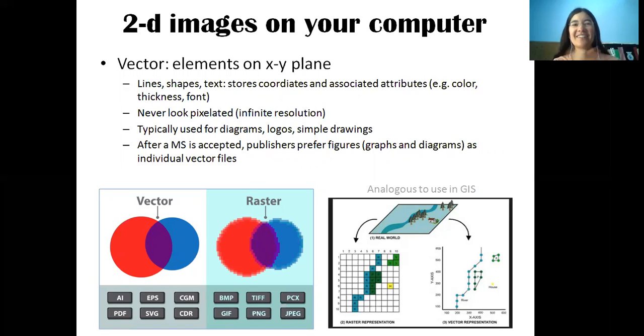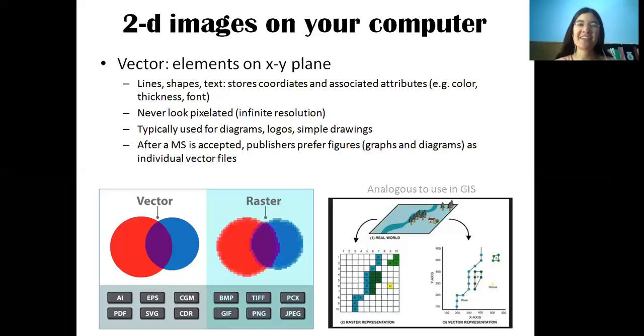So, the second way to represent an image on your computer is with the vector format. Instead of being a grid of points, it saves the image as a list of elements and their coordinates on the XY plane. These elements are things like lines, shapes, text, and it stores the location as well as any associated attributes, like their color, line thickness, font, and these sorts of things.